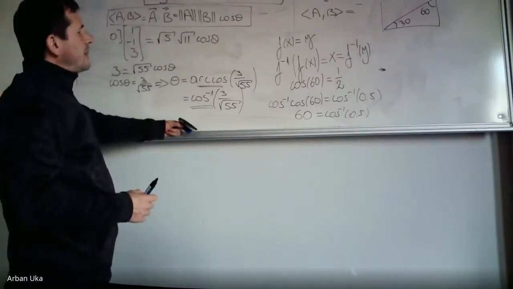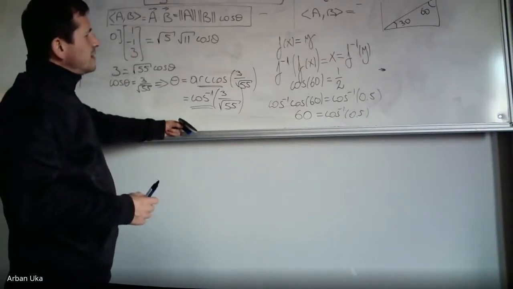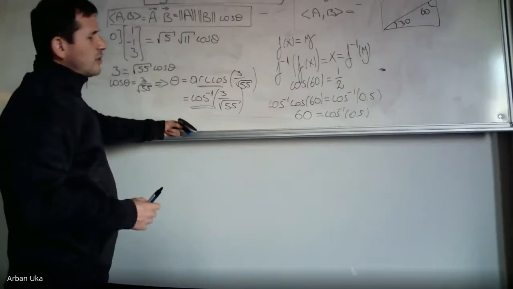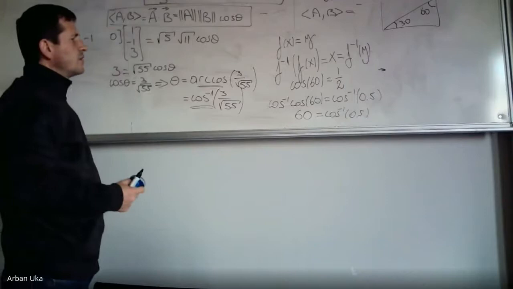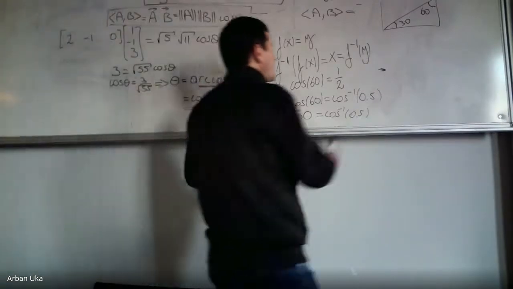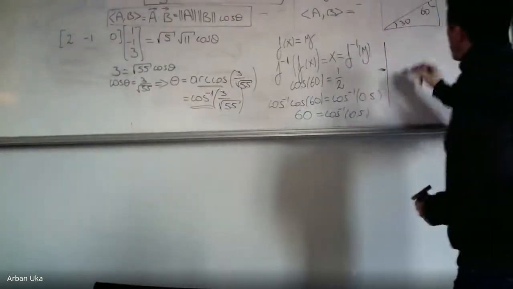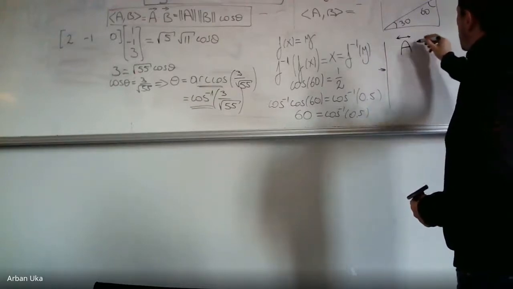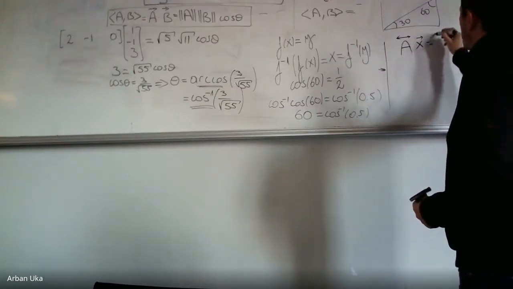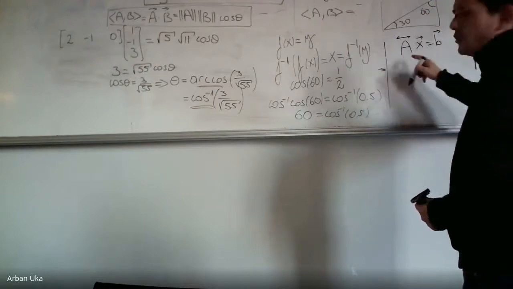Okay. Then, so these are the inverse functions. And now, a similar idea, this also operates with the matrices. So we have a matrix, we can do the following. We're going to solve examples like this a lot. If we have a matrix A times x, this can be equal to b. And you know matrix multiplication.